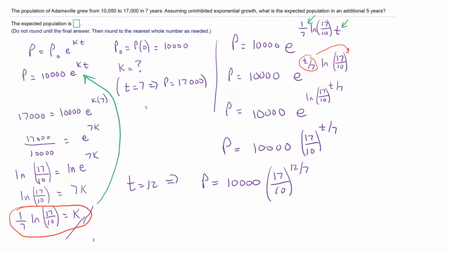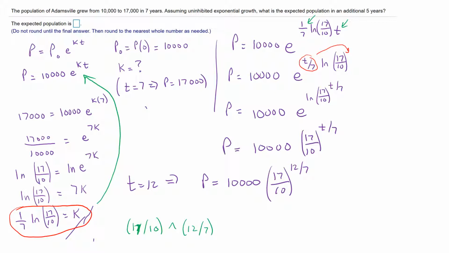Then I use my exponent button, the hat button, and then parentheses 12 over 7, and close the parentheses.